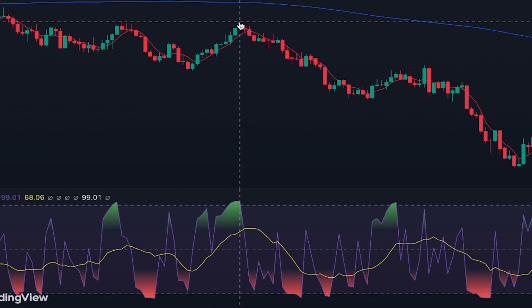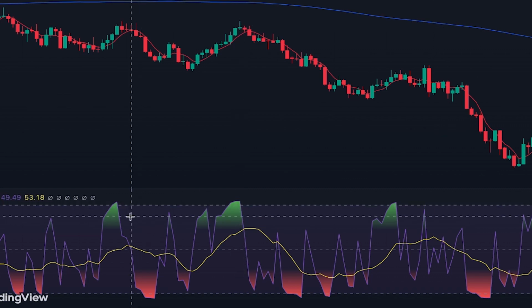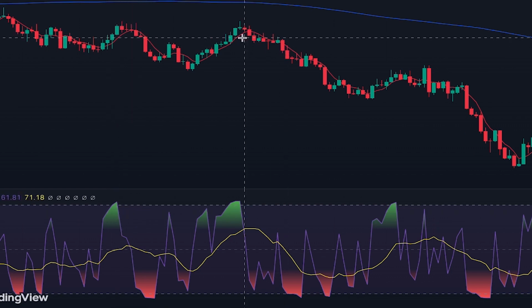So better to wait for RSI to close below 95, and when you have RSI closed below 95, you can enter a trade. Also, I highly recommend you set a stop loss and manage your risk properly, because in today's highly volatile market, if you don't manage your risk properly, you will lose your trading account.